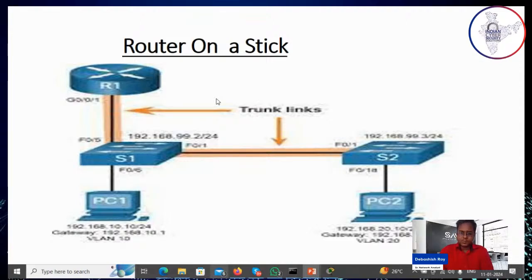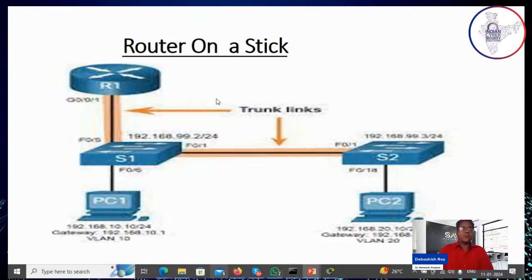It means the router is, let's say imaginary, standing on one stick, and it is supporting multiple VLAN information. And how do we create that? We create sub interfaces. We physically cannot add any other interface to the router, so we divide the physical Ethernet port of the router into sub interfaces.